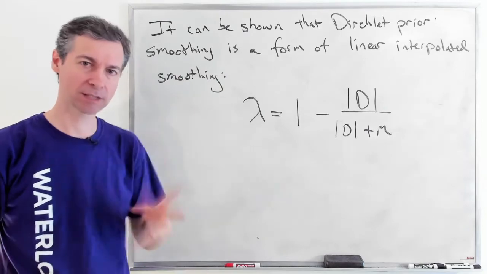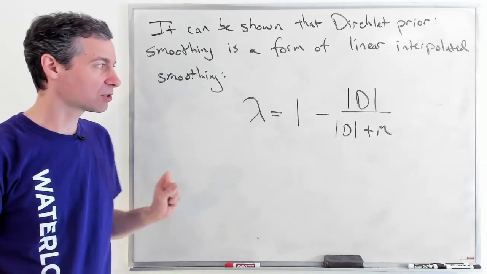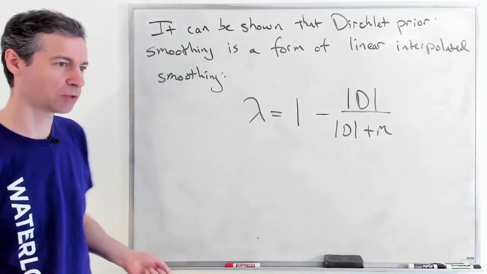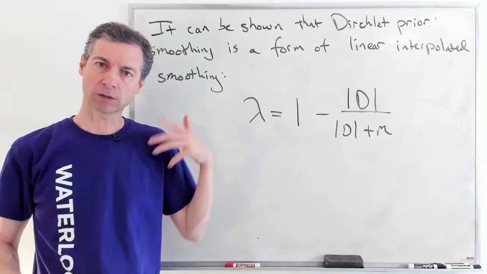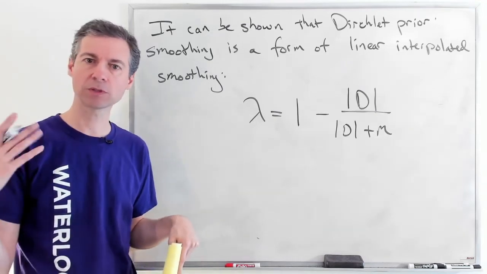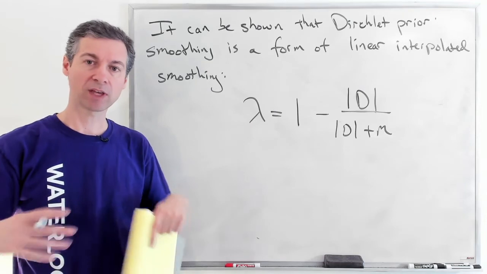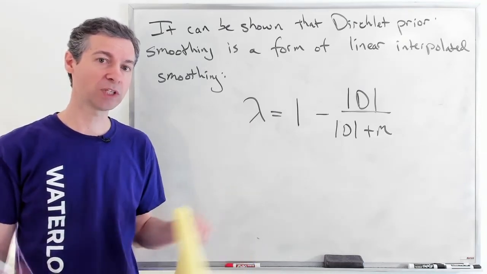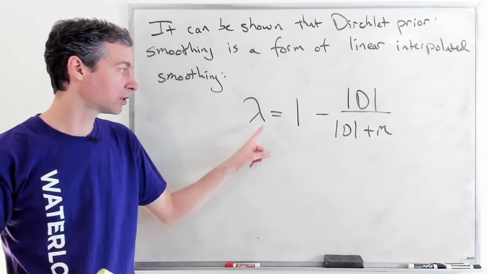It's exactly the same math. So it's fascinating. When we look at Jelinek-Mercer smoothing versus Dirichlet-Prior smoothing, it's important to remember that they are exactly the same method, just with different lambda settings.